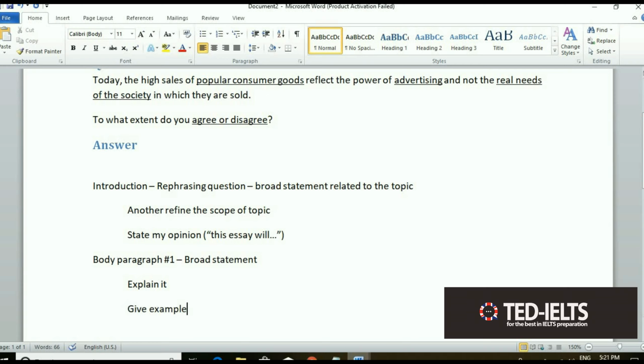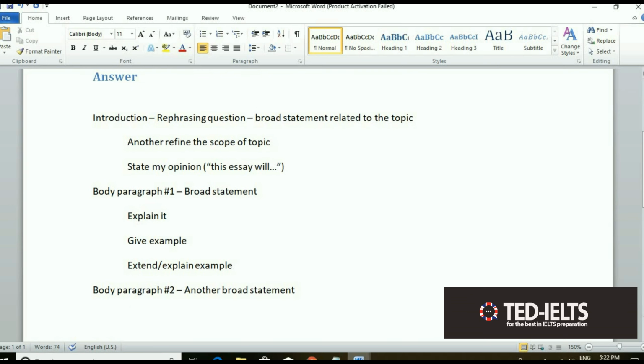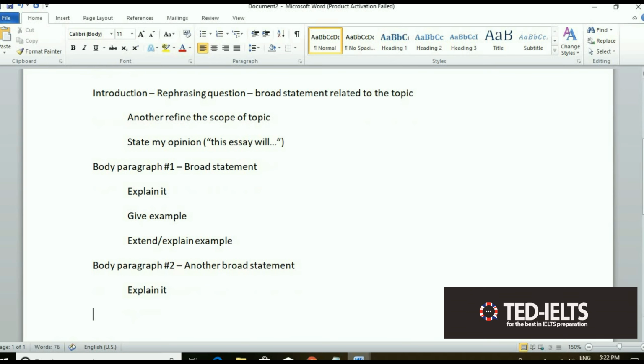For body paragraph 2, I'll pretty much do exactly the same thing, but I'm going to be extending my argument. I will give another broad statement, I will explain it again a little more, and then I'm going to extend this argument further and give another example to support me.